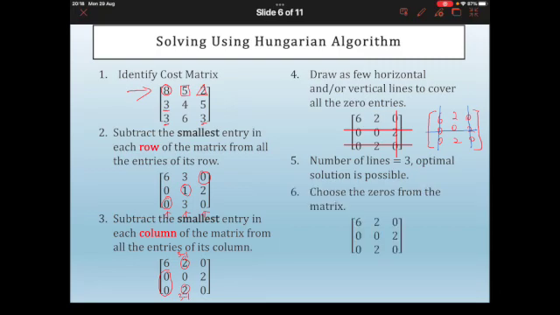Let's have a look. We rewrite this matrix and we can choose the 0 from the matrix. We're going to start off with looking through row 1, row 2, row 3. Row 1 has got 1 zero. So you know that we must pick this 0. Alright. Once we pick this 0, which means A must be assigned to 3.